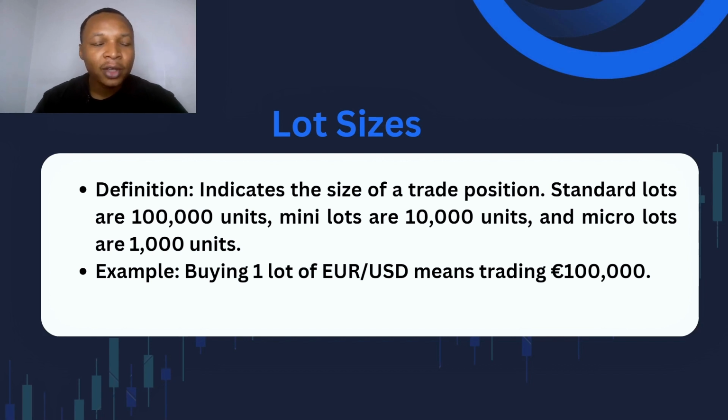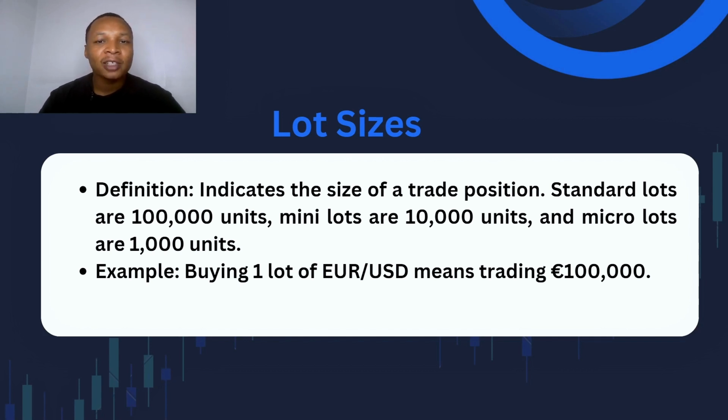For example, if you say you are buying one standard lot of Euro USD, it means you are trading 100,000 euros, and you want to take advantage of the price movement. Don't worry if this looks confusing.